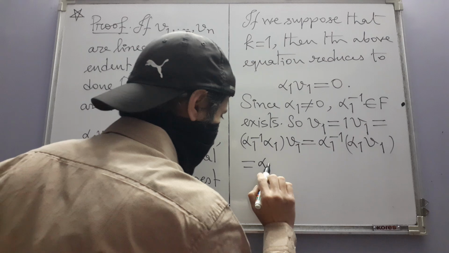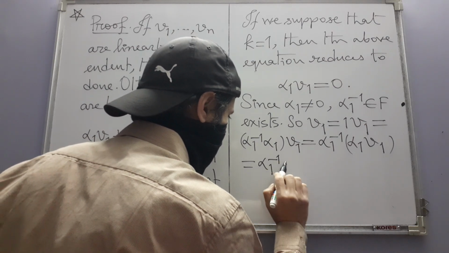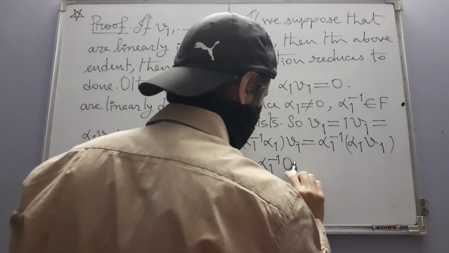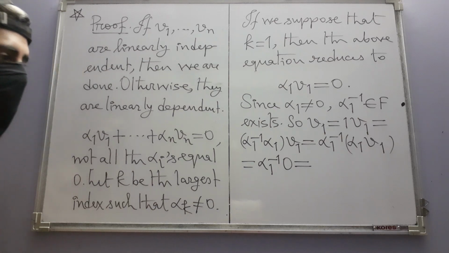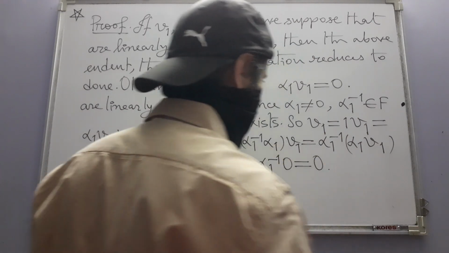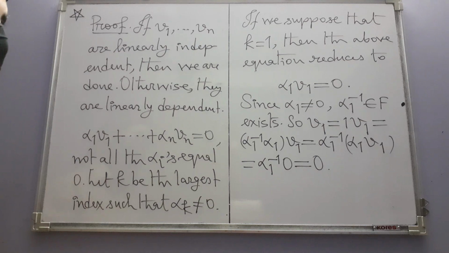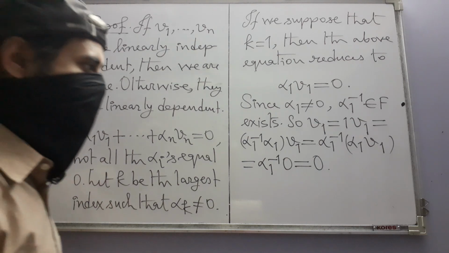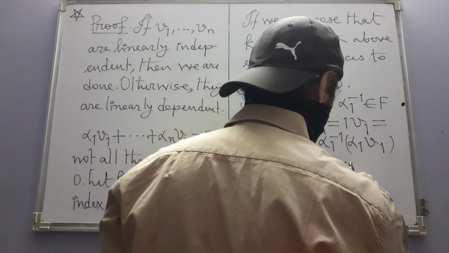Now alpha 1 V1 is the 0 vector, and by one elementary property of vector spaces, this product is the 0 vector. But this is a contradiction. It contradicts the fact that v1 is non-zero.